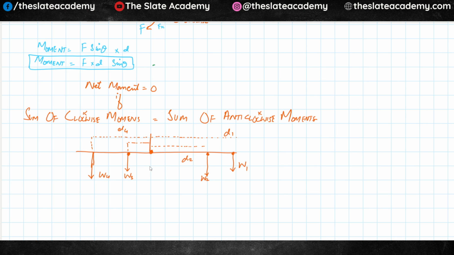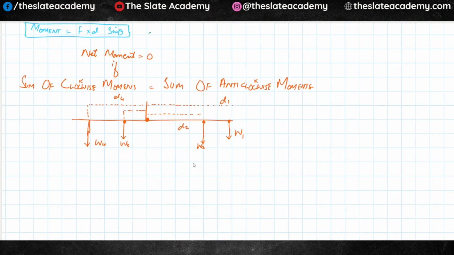Now these two, W1 and W2, will create clockwise moment. The moment created by the first kid will be equal to W1 times D1. This is the moment of one boy. The moment created by the other boy is W2 times D2.